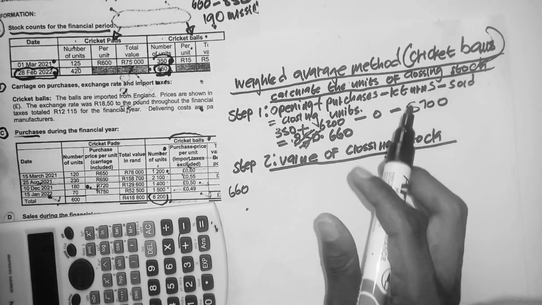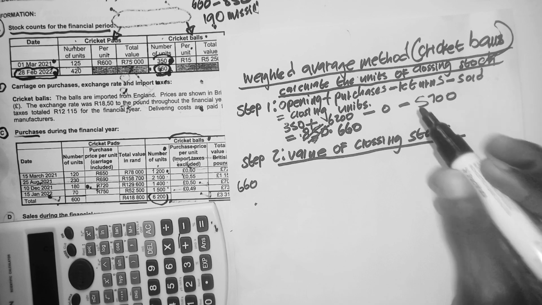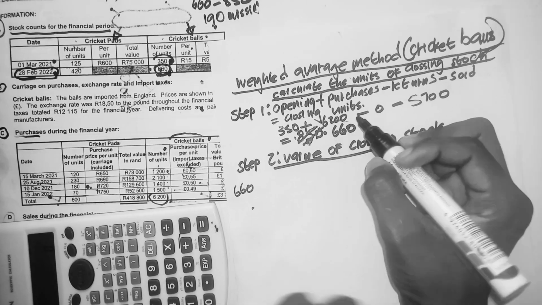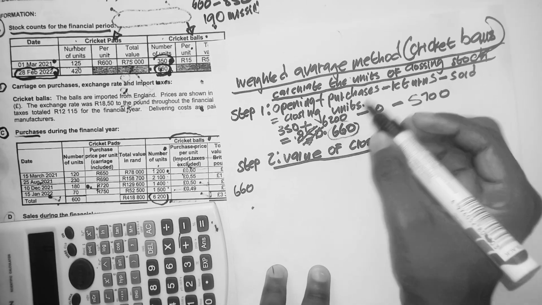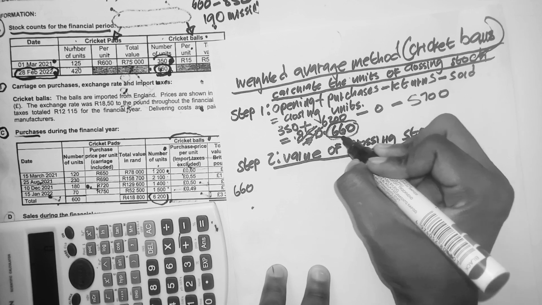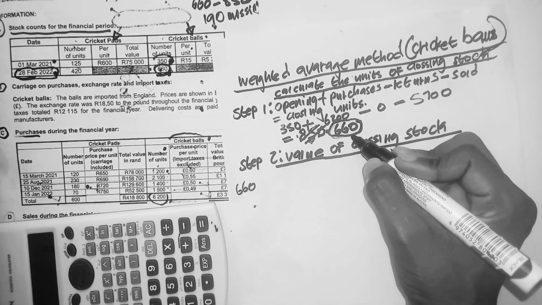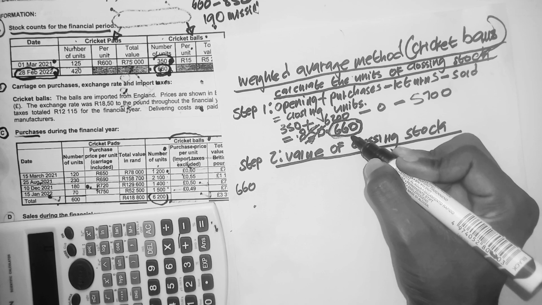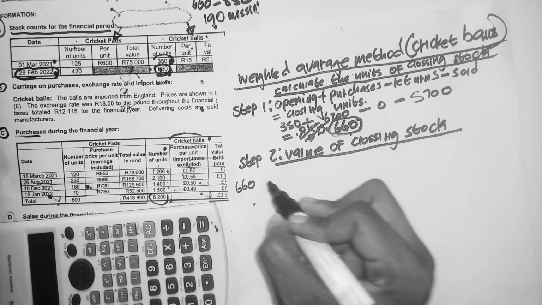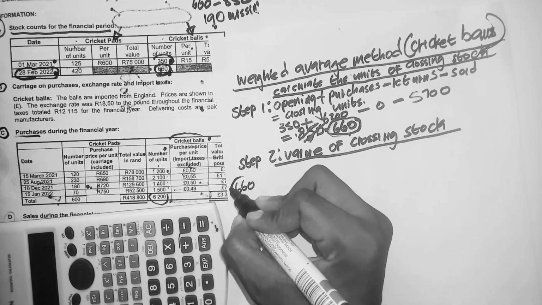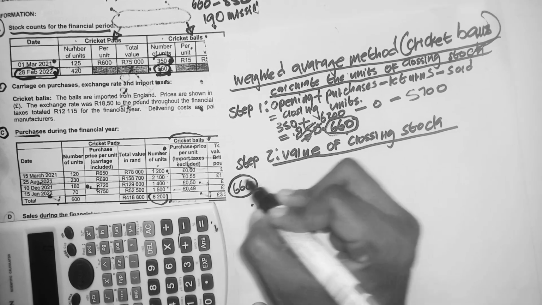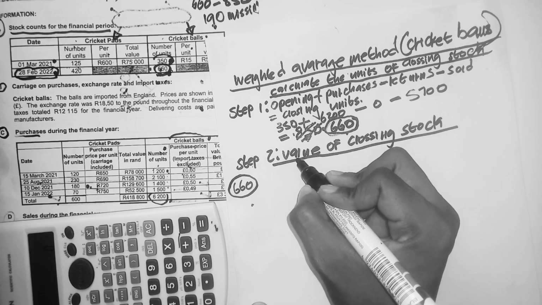Step 1, we calculated the units of closing stock. We found out how many units we have of closing stock. We have 660 units of cricket balls, which means at the end of the year we are left with 660 cricket balls. Then step 2, we want to find out with these 660 cricket balls, what is their value?